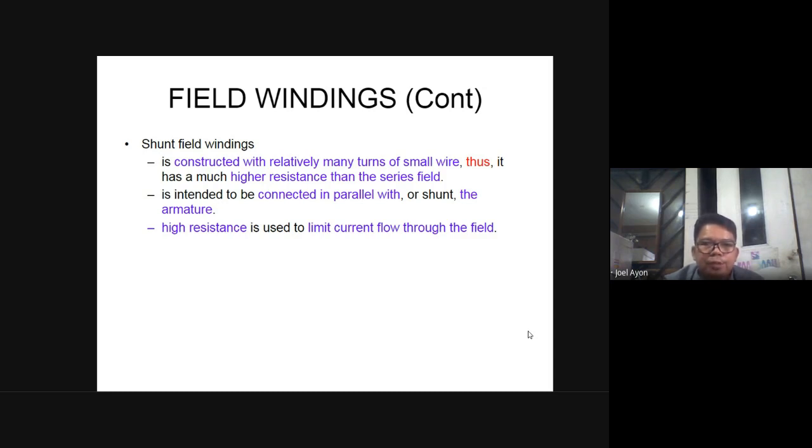Shunt or parallel field windings are used in blowers, like the radiator blower in automobiles and the aircon blower. The type of DC motor used for that is the shunt.